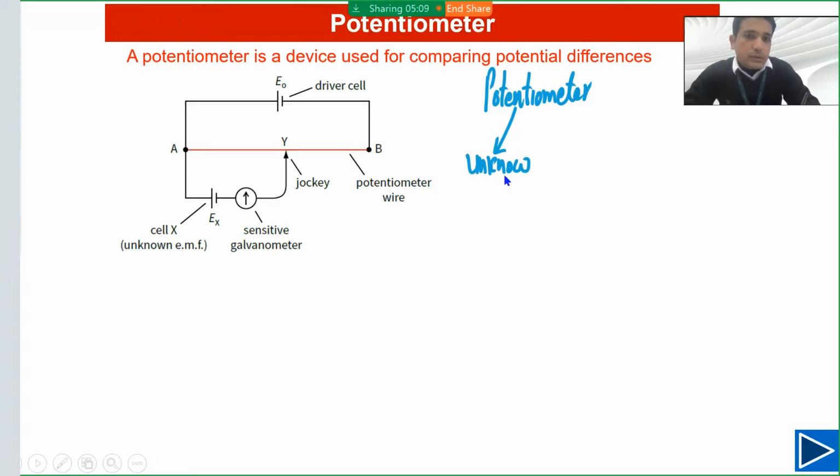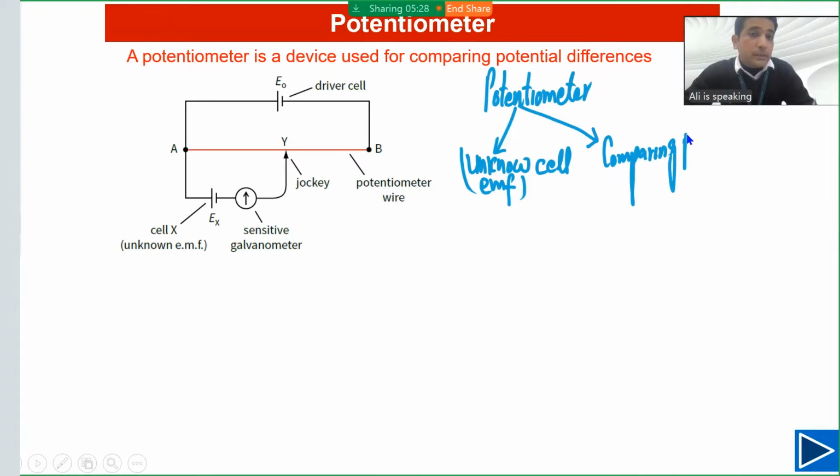The second thing we can do with this is compare the potential difference. So it can be used for comparing PDs, meaning potential differences. These are the two main uses of the potentiometer.